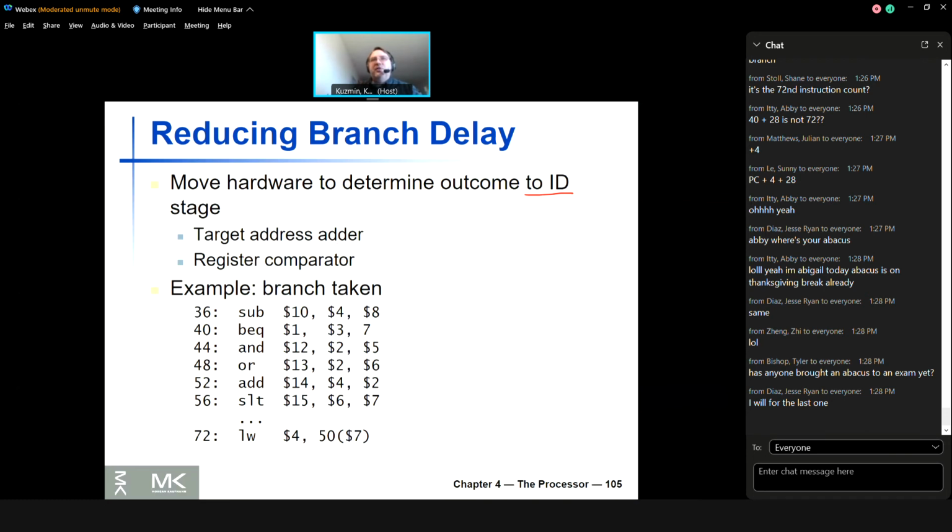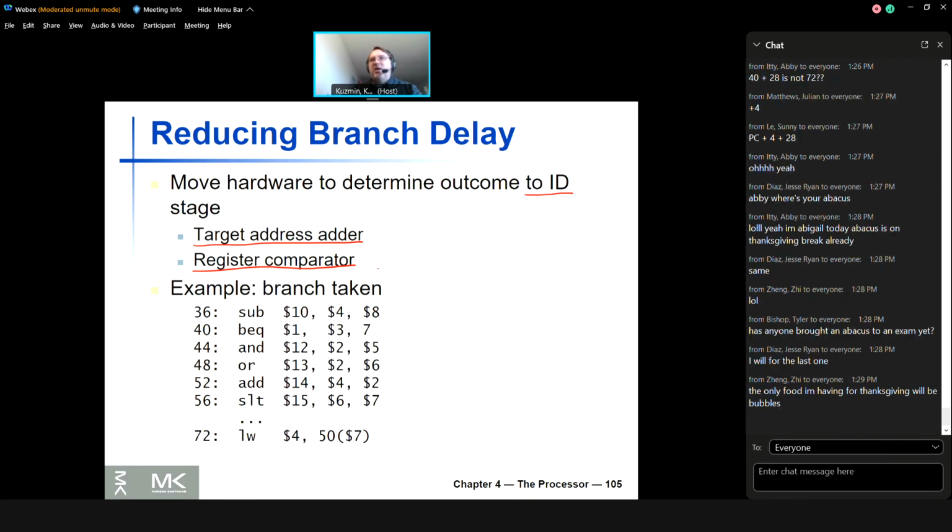All we need is the target address adder and the register comparator. First, the register comparator to know if the branch is taken or not without involving the ALU, and then the adder to compute the target address so that we know where the control is passed.